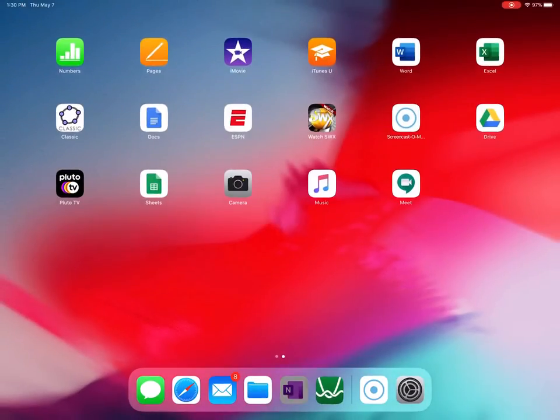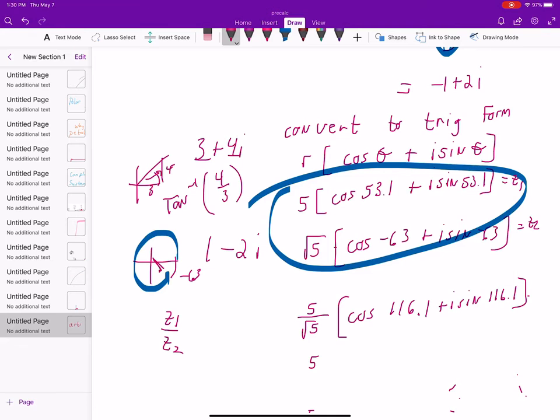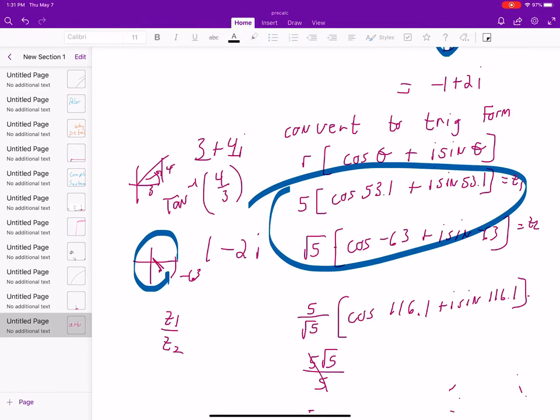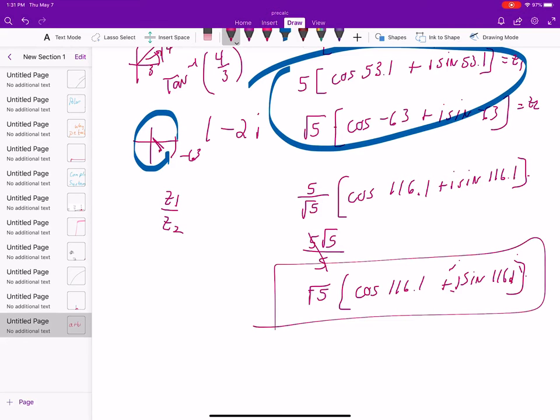So 5 square roots of 5 over 5. Those are going to go, and we're just simply going to be left with a square root of 5. So we're going to have a square root of 5, bracket, cosine 116.1 plus i sine 116.1.